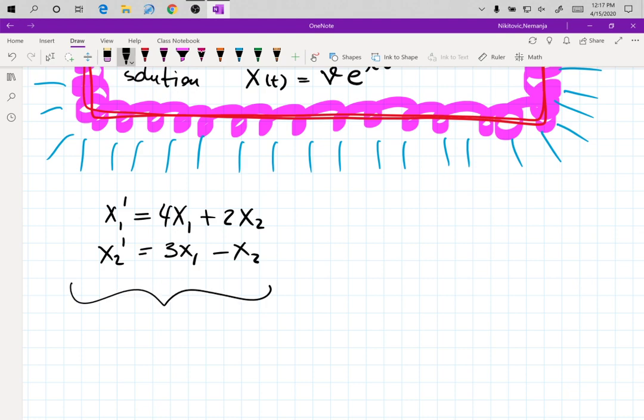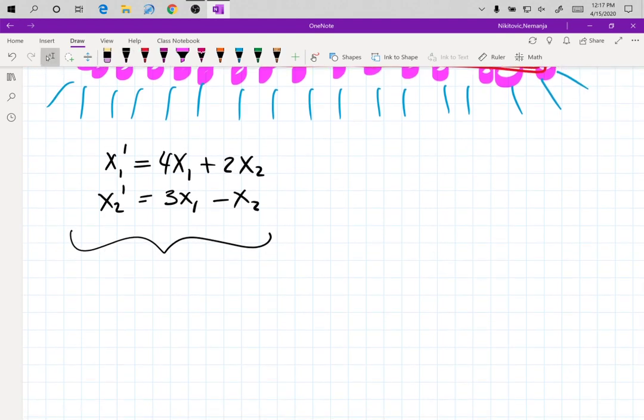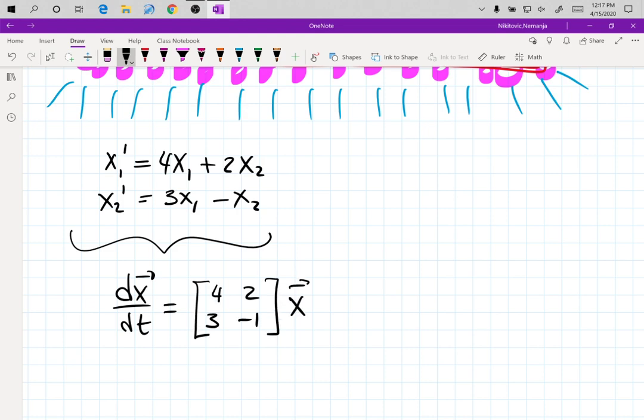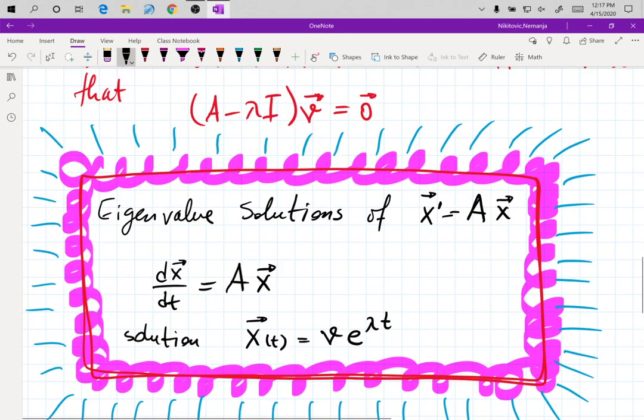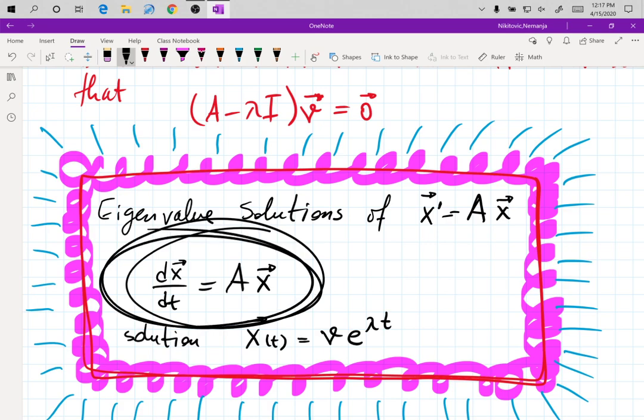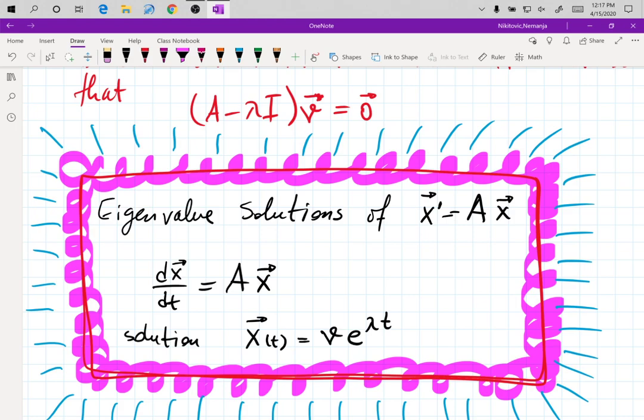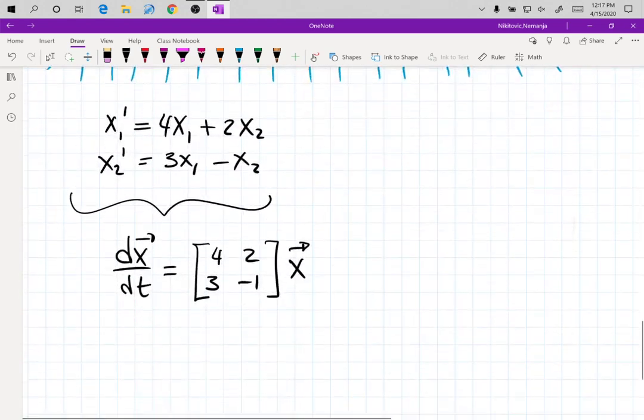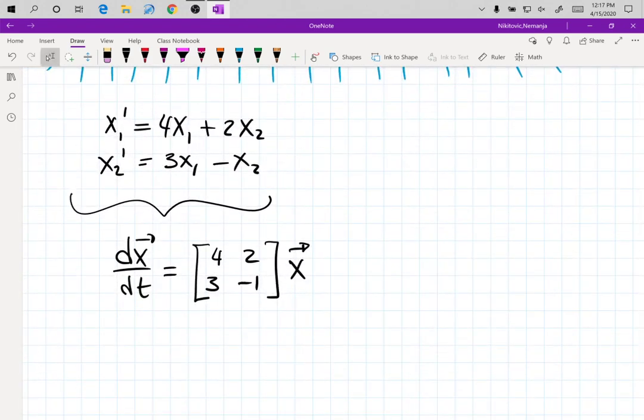So now we are going to use linear algebra to solve this system. So we'll have dx/dt is equal to the matrix of coefficients 4, 2, 3, negative 1 times x bar. Now this one matches the system, right? What we are doing here. All right, cool.